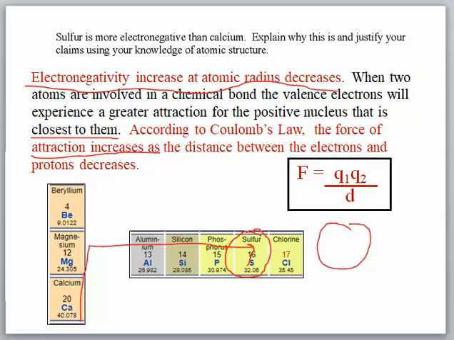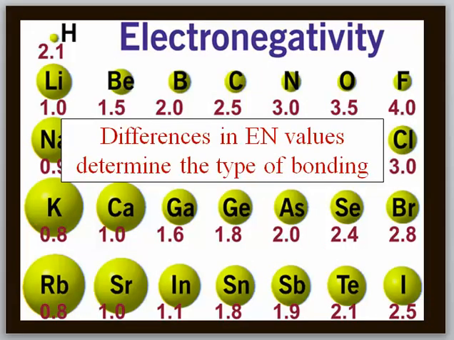Therefore, its radius is much smaller. That lends you to that greater attractive force and the ability to hold those electrons. So the difference in electronegativity is going to determine the types of bonds, and that moves us into our next chapter on types of bonds.